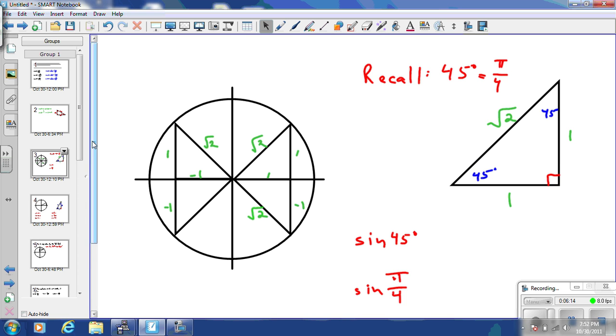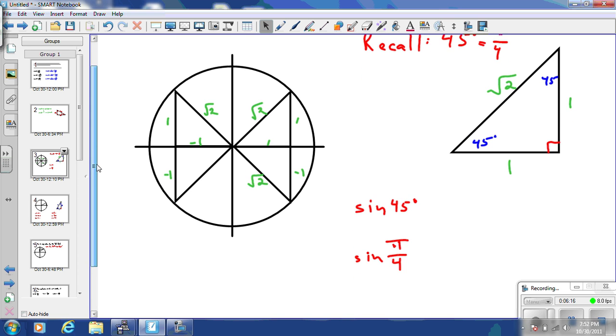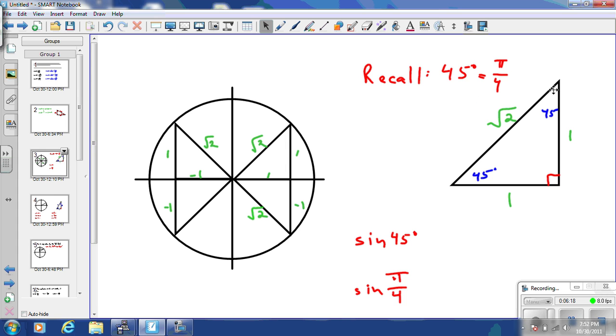To demonstrate how we use this circle to help us out, first off, over here I've written the 45, 45, 90 triangle in the smallest form, 1, 1, and square root of 2.